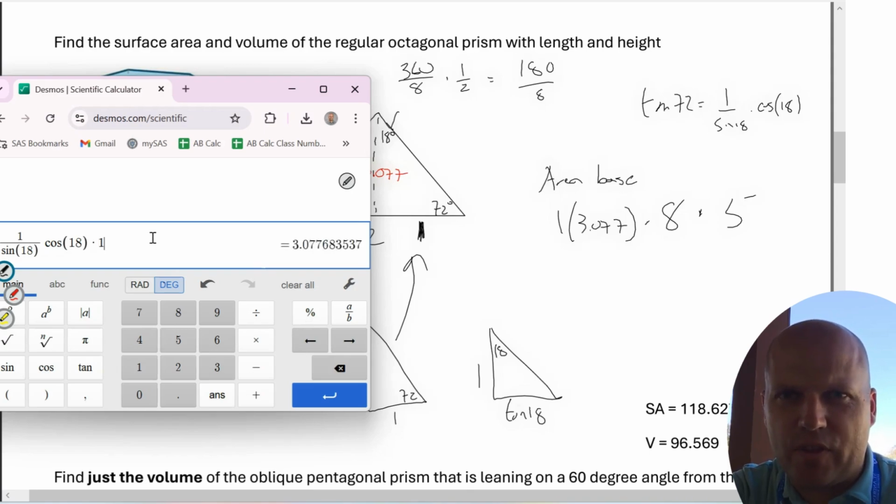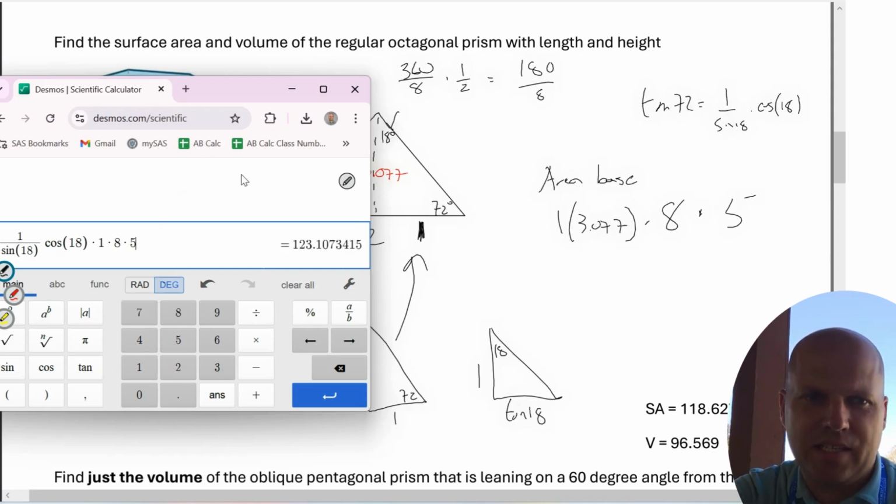That's the area of one of the triangles, I need to multiply that by 8. That's the area of the base times the height. Yeah, so I had a large job.